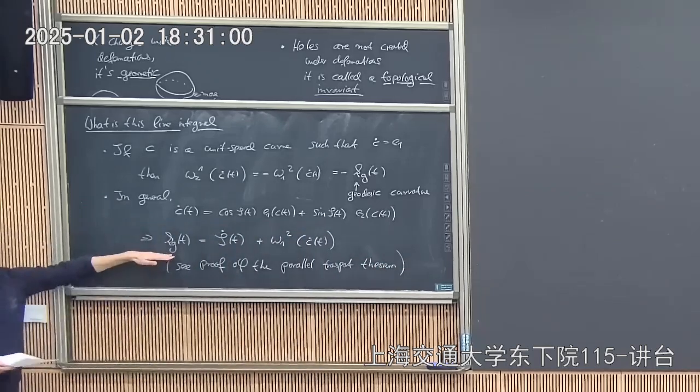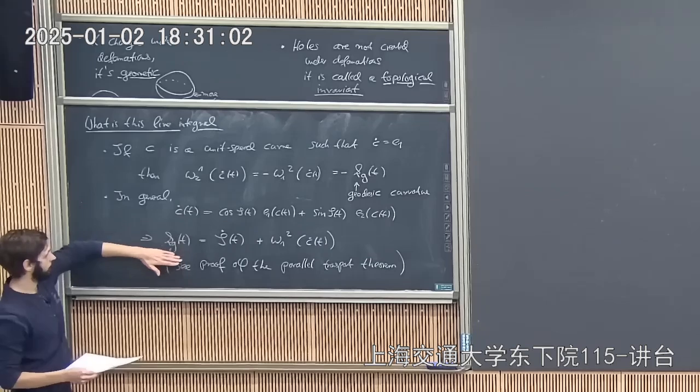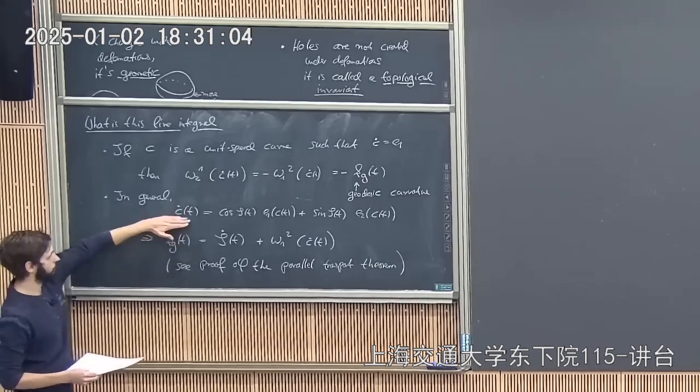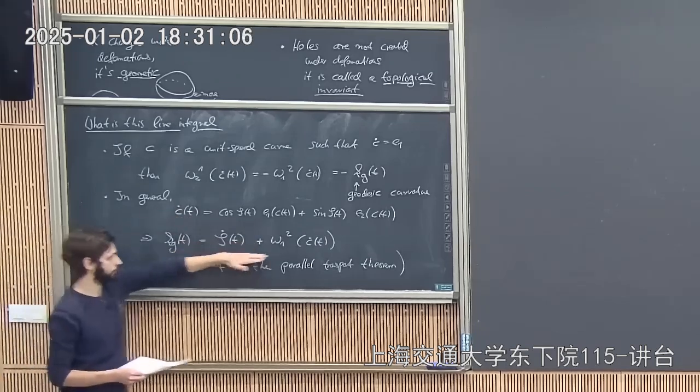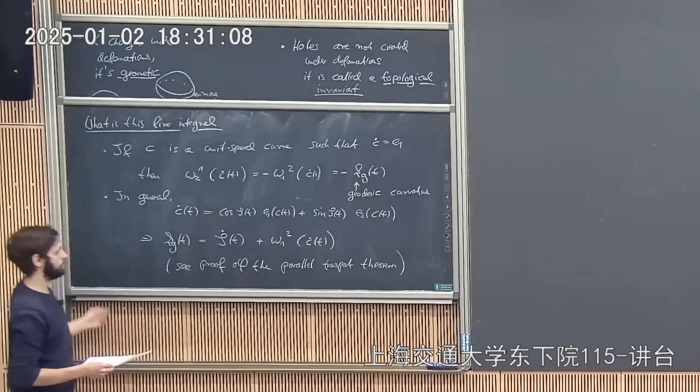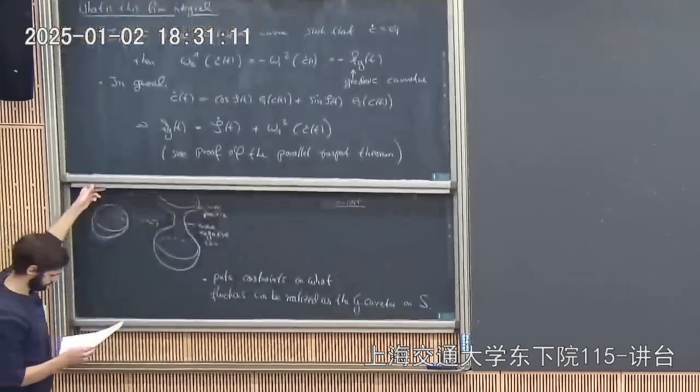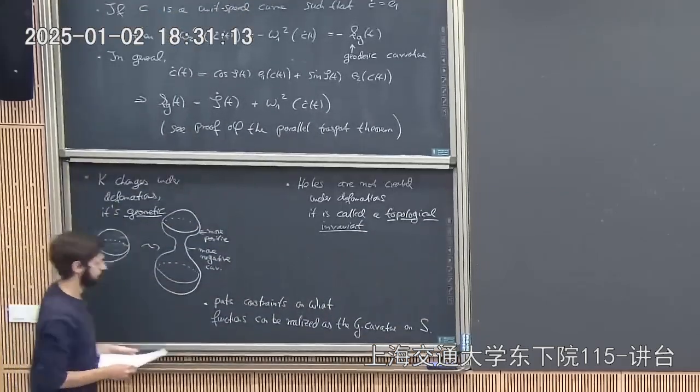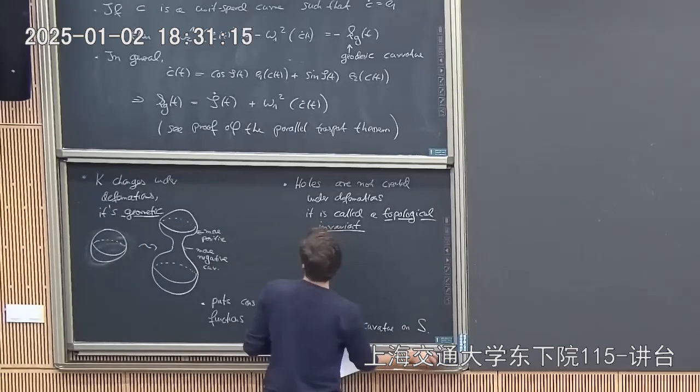There we essentially calculated that the covariant derivative of a vector like this is given in terms of these data. So that's nice.